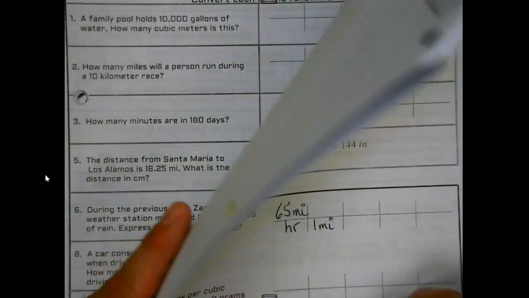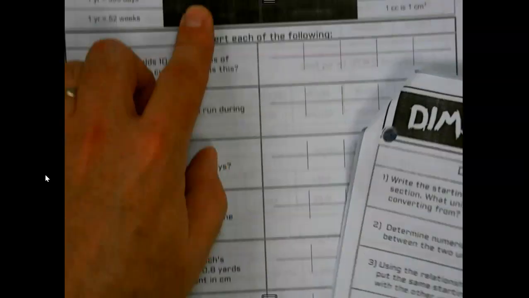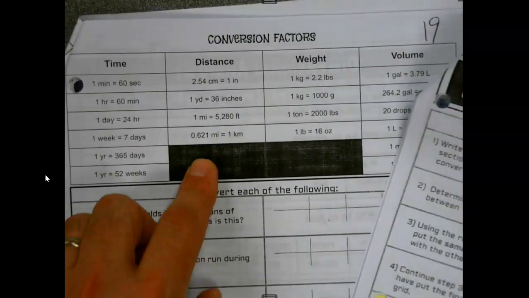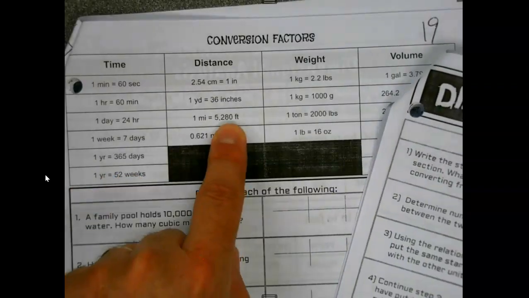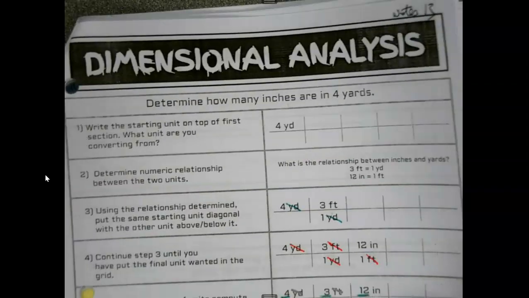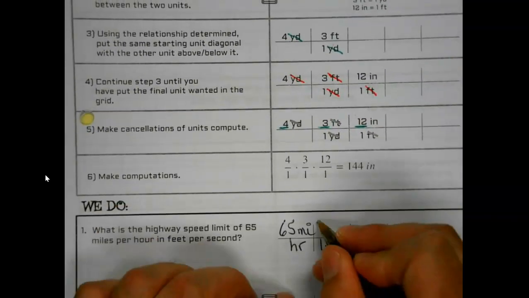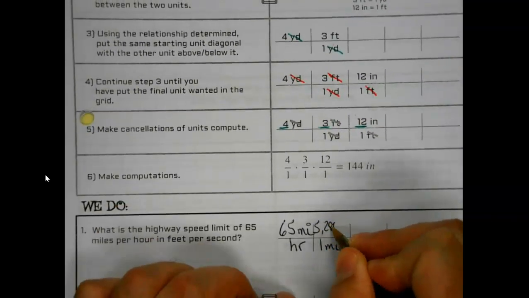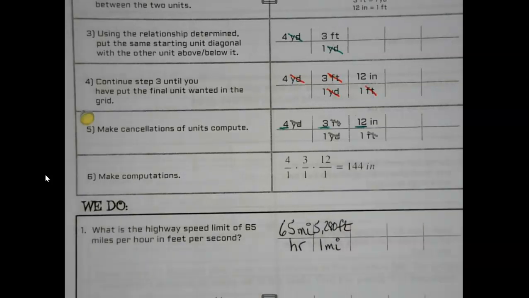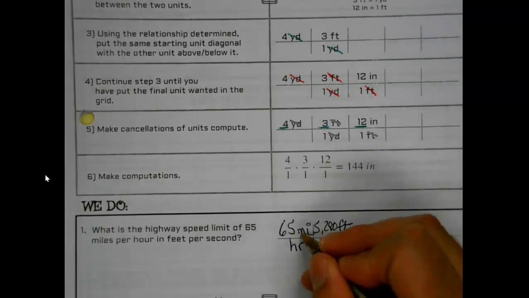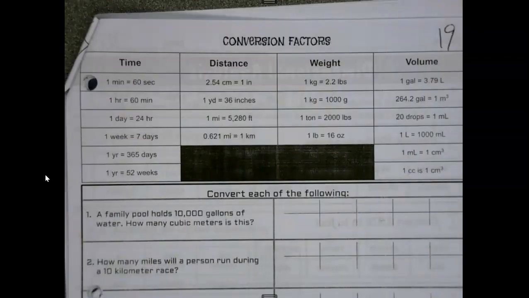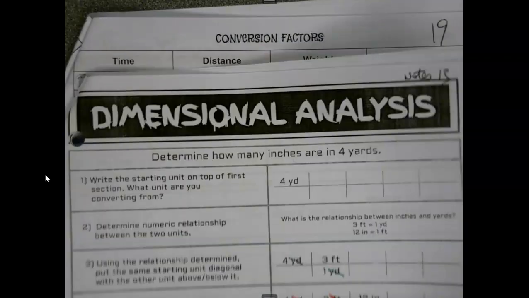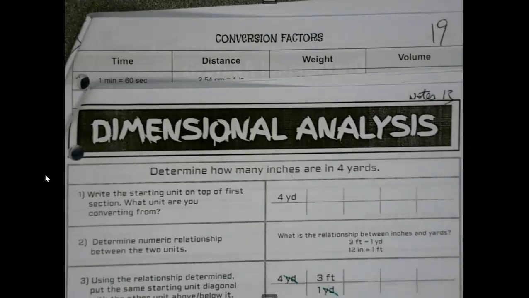So let's see. Miles, I'm going to use my page 19 over in the practice as my guide. So distances, okay, there's a mile. A mile is 5,280 feet. So first job. So what this first step allows me to do, over on page, yeah, I was going to say, let me do one of these.